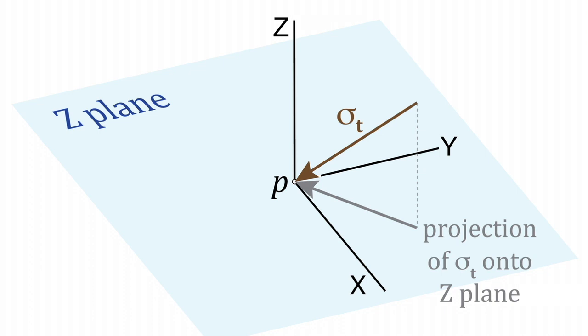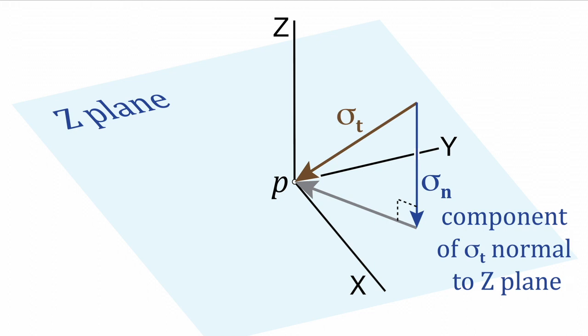One of the convenient ways of doing that is just to imagine that this stress vector is projected down onto the z-plane. The first of the components that we can work out from this thought is the normal stress acting on the z-plane in the z direction.